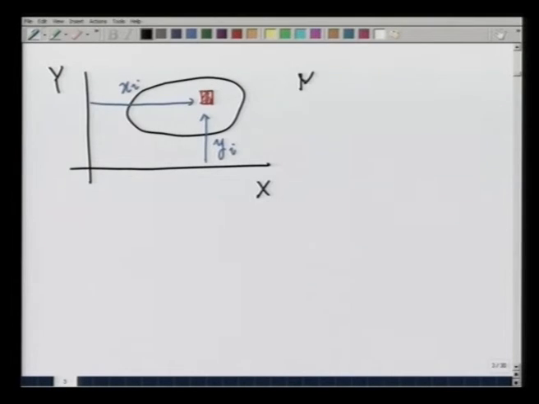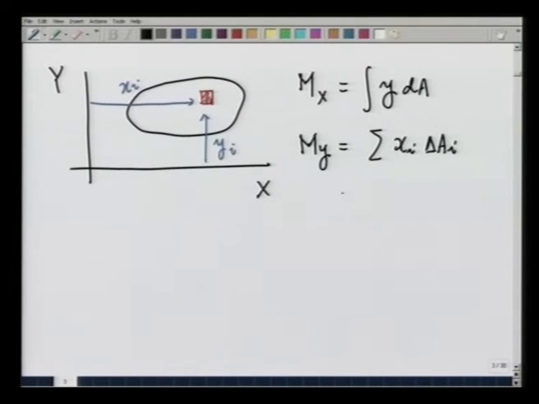I defined my first moment about the x axis as integral y dA, and similarly I can define m y, that is the first moment about the y axis, as summation x i delta a i, which in the limit of continuous area becomes integral x dA. These are the definitions. So, we have first moment about the x axis and first moment about the y axis.